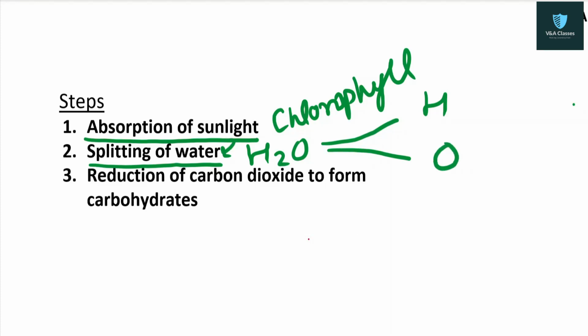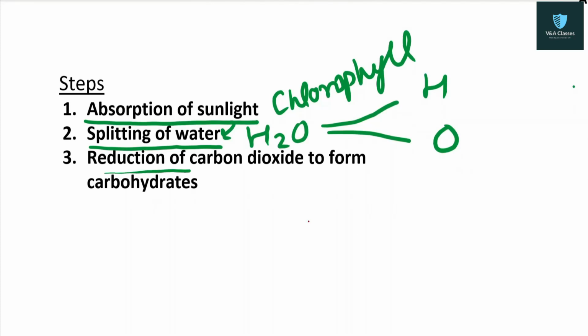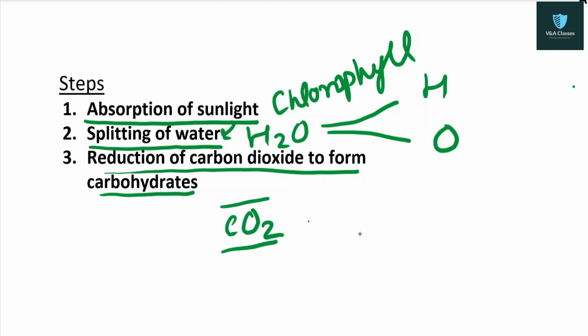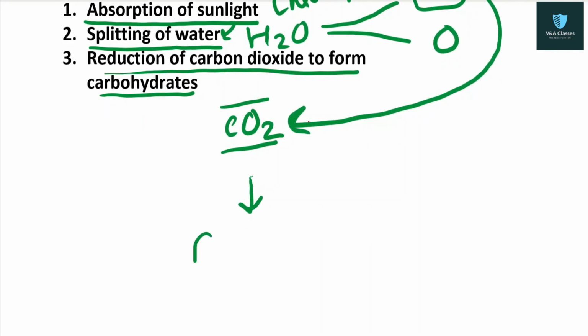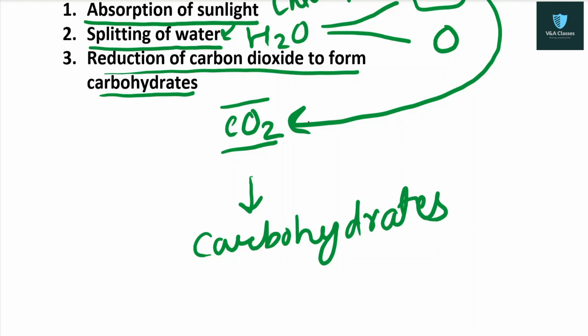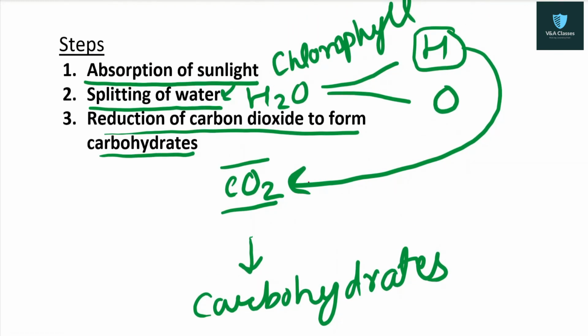And the third is reduction of carbon dioxide to form carbohydrates. So the CO2 which the plants have taken up will get reduced by this hydrogen and will get converted to carbohydrates. These are the basic three steps that you need to remember.